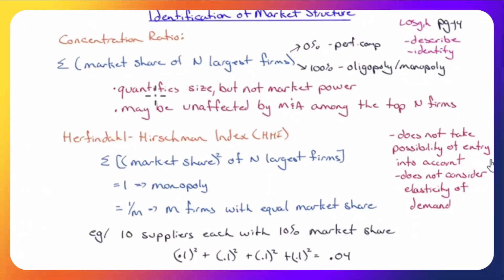The concentration ratio will quantify size, but not market power. You could have a situation where you have 5 firms that make up 50% of the industry, but firm 1 represents 40% of that. Which has significant power. So that's not captured by this concentration ratio. And it may be unaffected by M&A among the top-end firms, which means that firm 1 and firm 2 can consolidate.